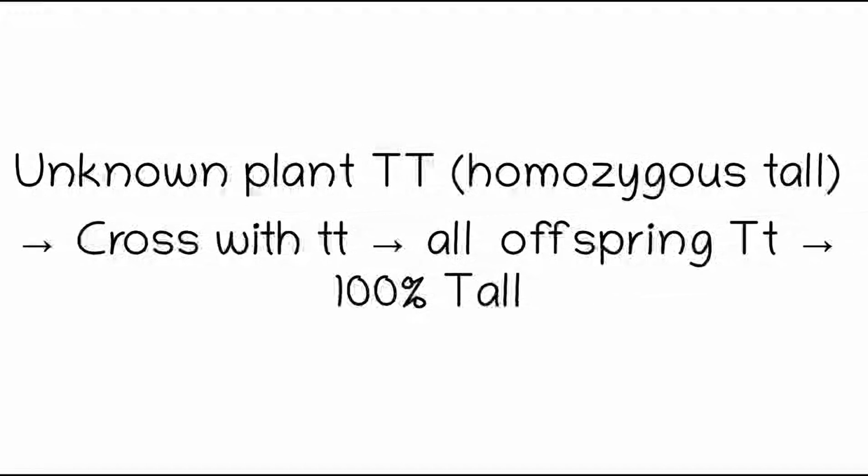This tall plant will be crossed with the small t recessive parent, and this cross will tell us the genotypic confirmation. If the unknown plant is capital T homozygous tall and is crossed with small t, we will get all offspring capital T small t, that is 100% tall.